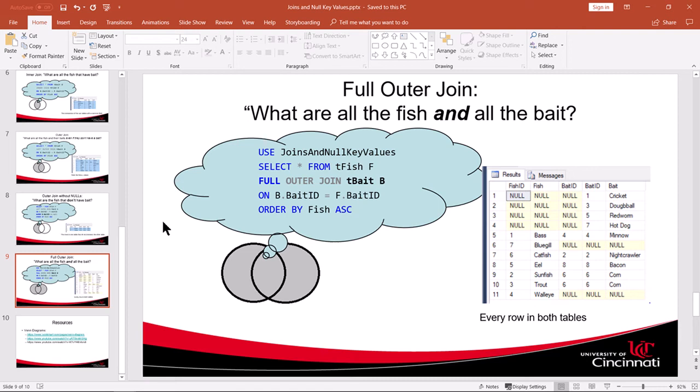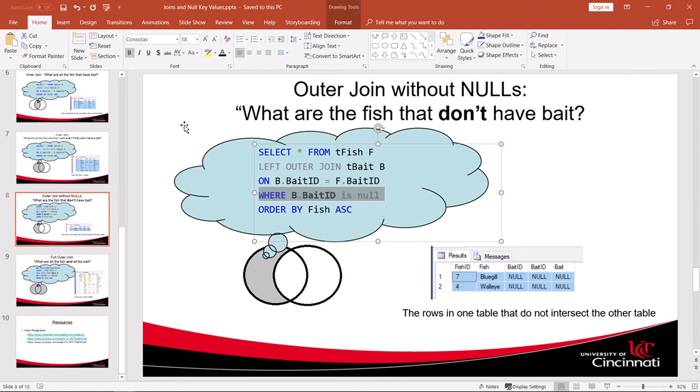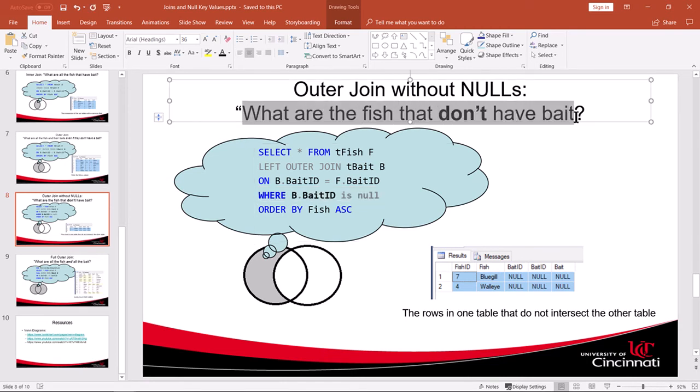And once you've understood those, make sure that you can grasp the concept of applying a where clause to exclude certain records based on whether foreign keys are null or not. And part of our job as database designers, developers, administrators, programmers is that we can start with a natural language question and map that into a SQL query to give us the desired results.